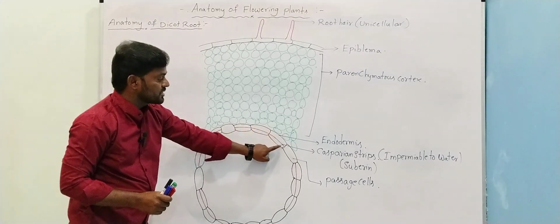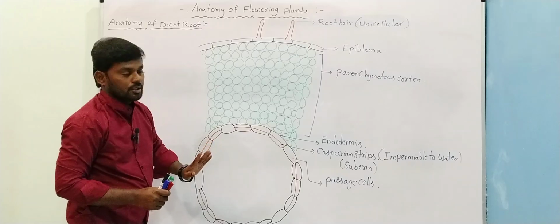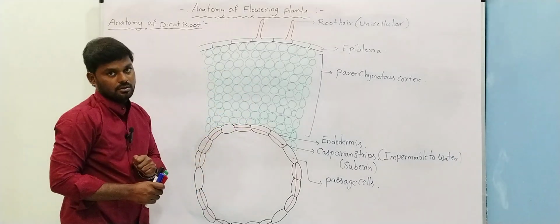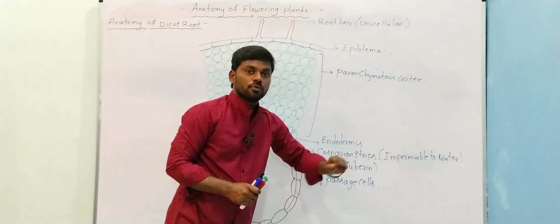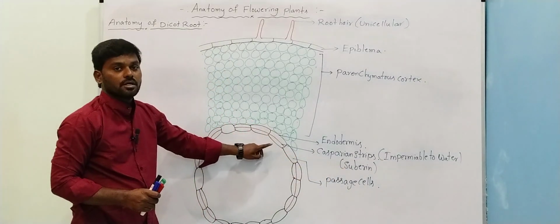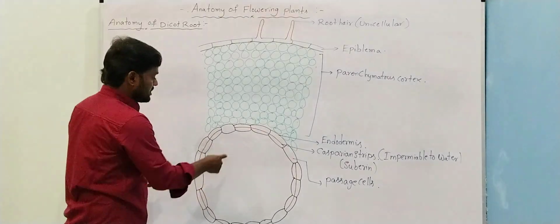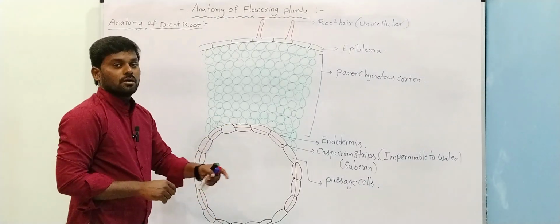The Casparian strips do not allow water inside the dicot root, but only the passage cells allow water inside. So the Casparian strips function is impermeable to water, because of suberin deposition in this endodermis. This layer is called endodermis, the innermost layer of the cortex.